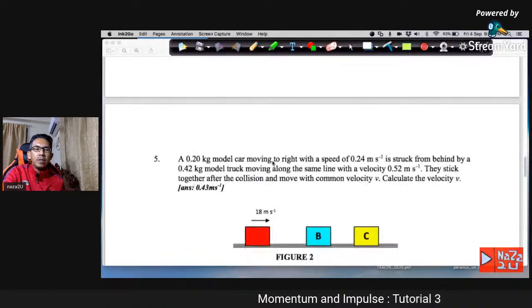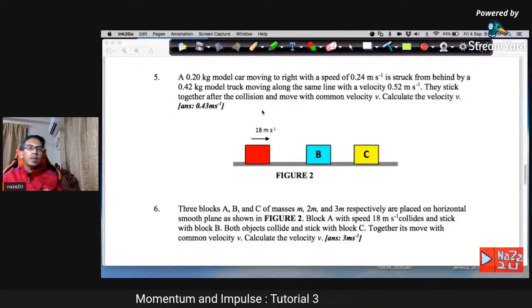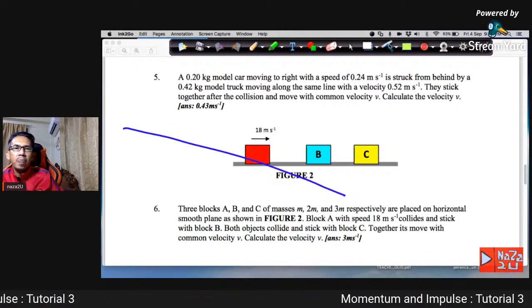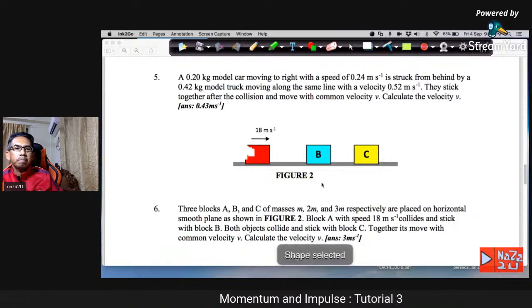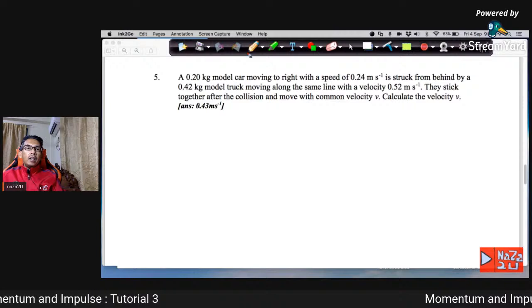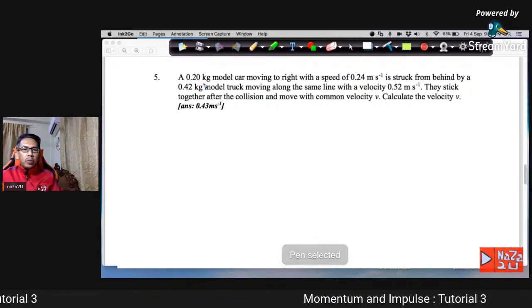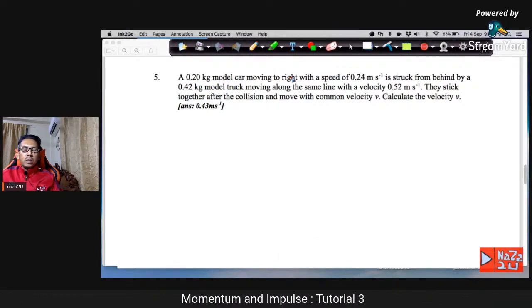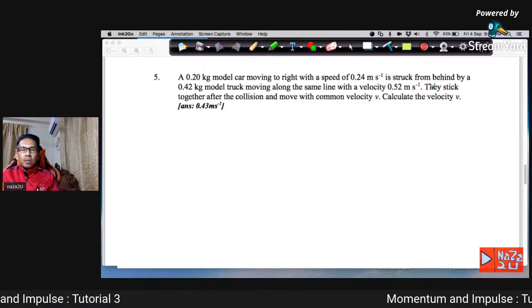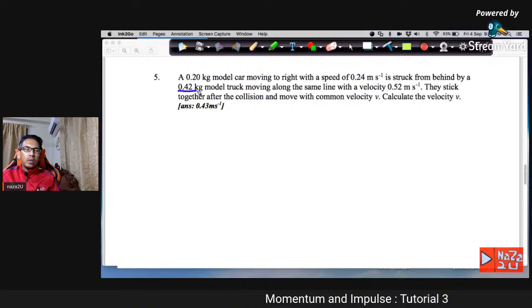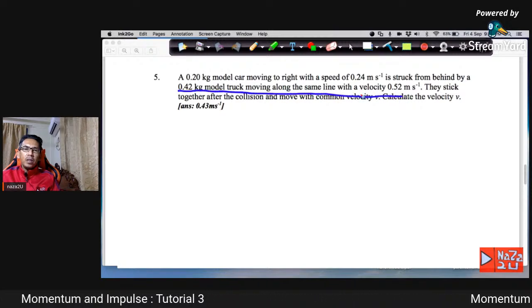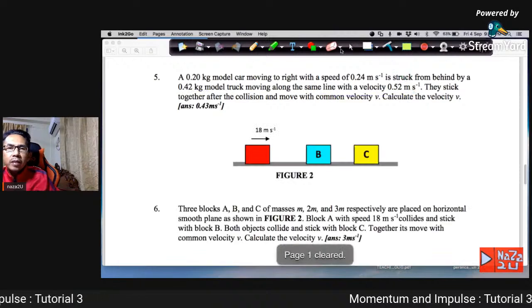A 0.2 kilogram model car moving to the right with the speed 0.24 meter per second is struck from behind by the 0.42 kilogram model truck moving along the same line with the velocity 0.52 meter per second.